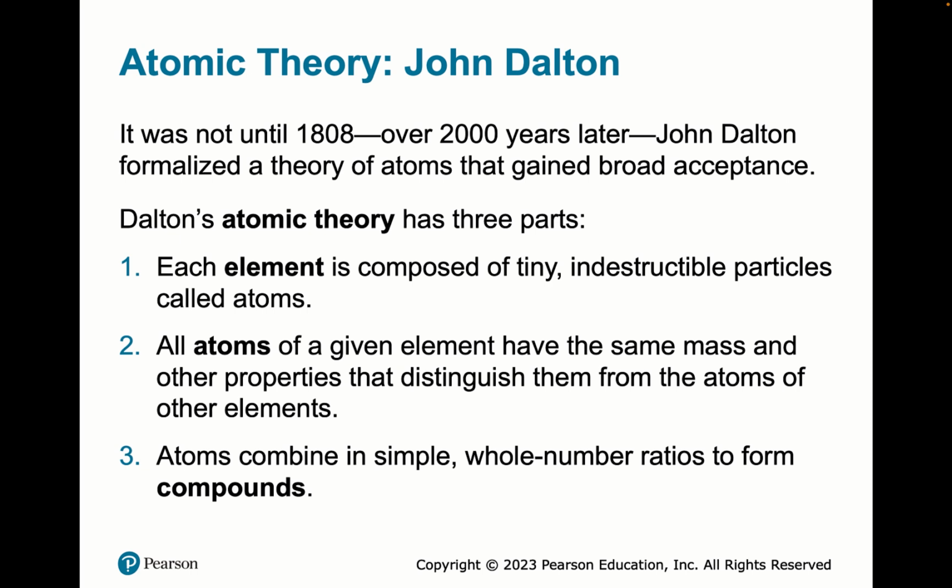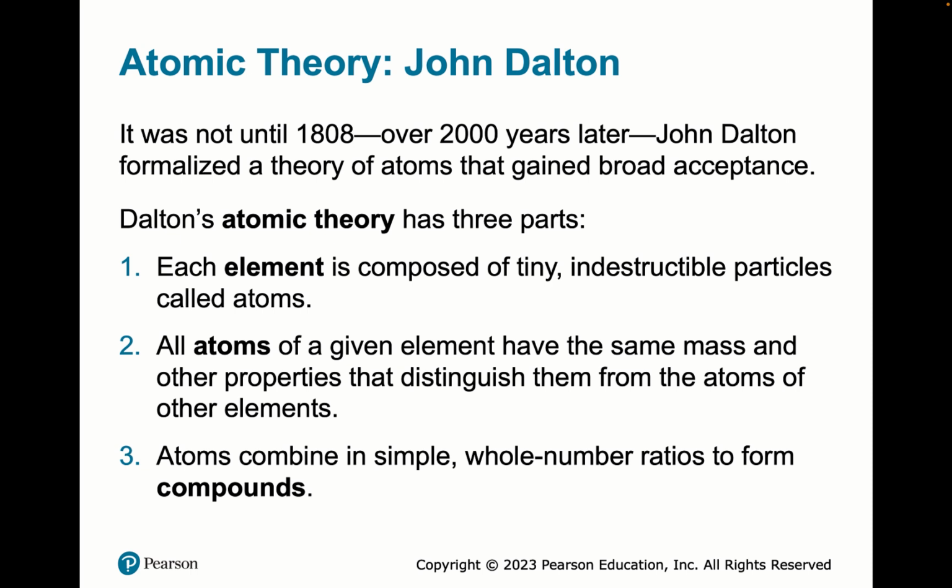Although atomic theory is very well understood and accepted, it used to not always be this way. People were arguing about the state of atomic matter, if that's real or not, for a very long time. Here are the basics of atomic theory. Each element is made of tiny indestructible particles called atoms. This is mostly correct, they're not indestructible.